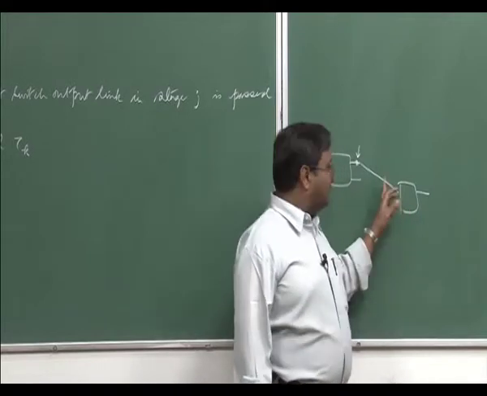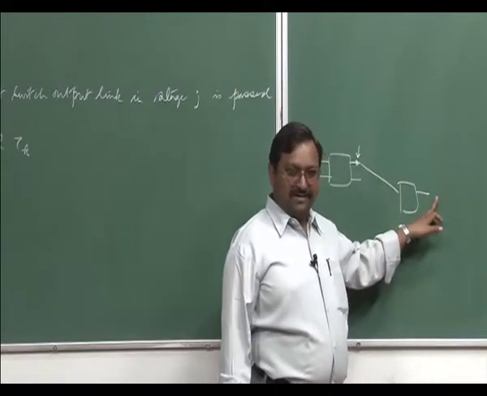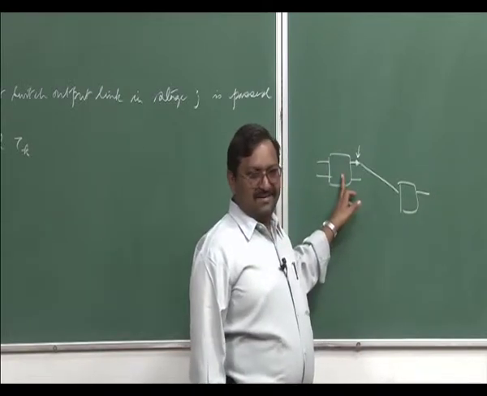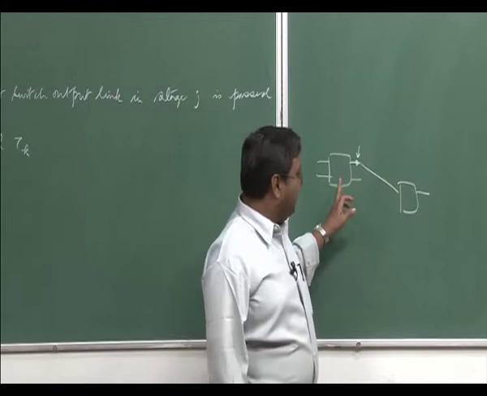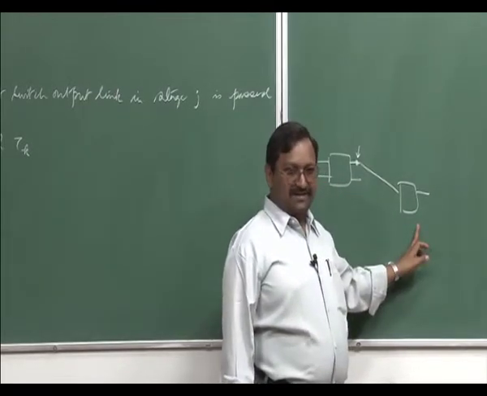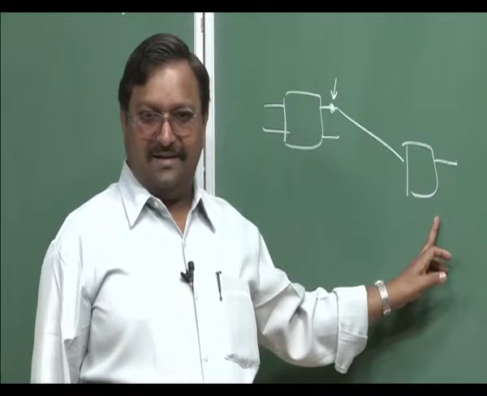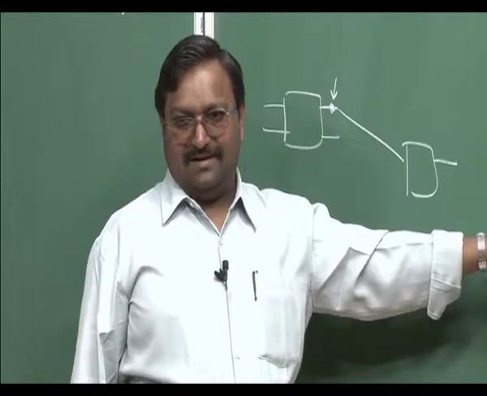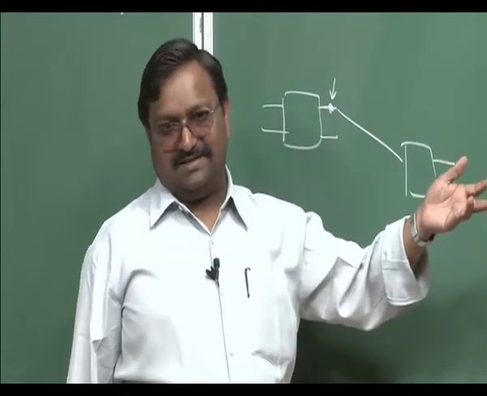That will decide what is going to happen in step 2 here, and that in turn will decide what will happen in step 1 here. If you remember the diagram, when step 1 happens here, step 2 is happening at this point, and step 3 is happening further. That is what was usually the case.